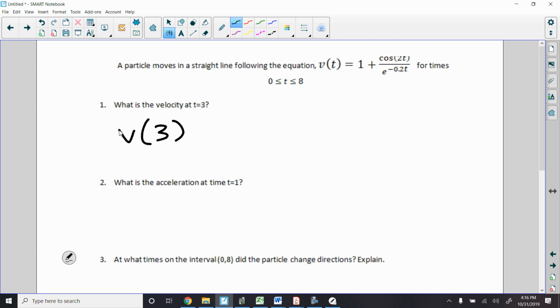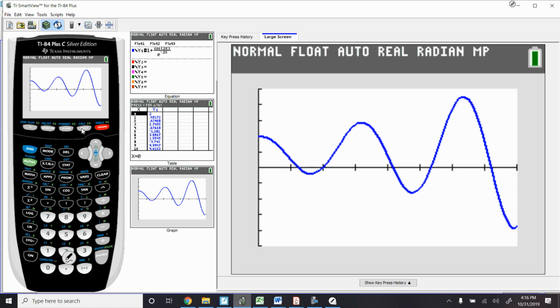Now, here's where it's important to understand that I have a velocity equation. So for v of 3, I just want to trace the value of 3 on my velocity graph. So I'll go back to my calculator, and I'm just going to hit trace and the number 3. And my velocity will be this y number right here.